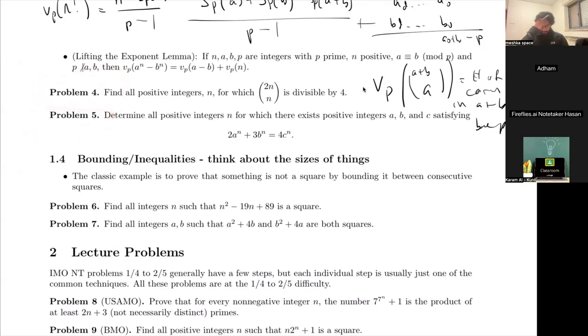Yeah, this is a nice problem. We want to solve this Diophantine equation, where a, b, c, n are all positive integers: 2a^n + 3b^n = 4c^n.